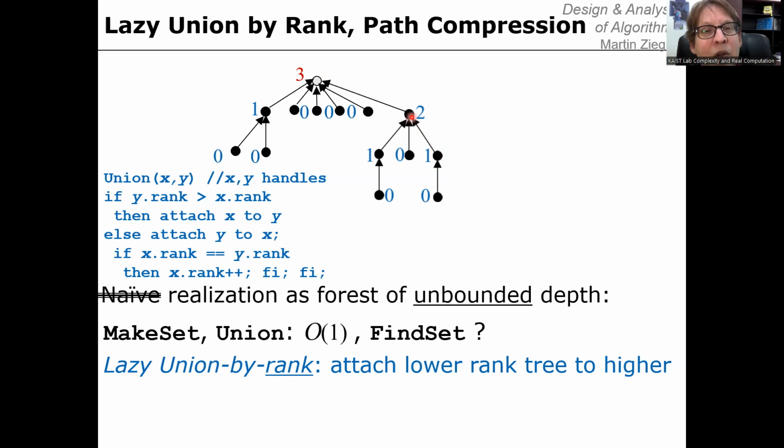And we update that pointer not to go here, but to go directly to the root, so that the next time when we need to find the unique handle to this element, we can directly follow the updated pointer, and thus, the second call to the find set operation will then have constant cost. So that's the idea behind path compression, installing all these shortcuts whenever the find set operation is expensive.